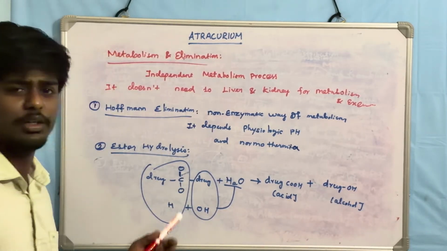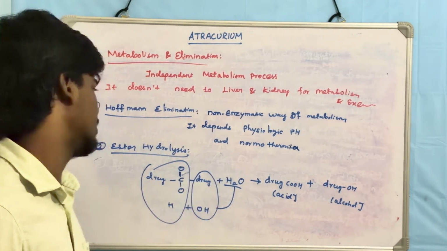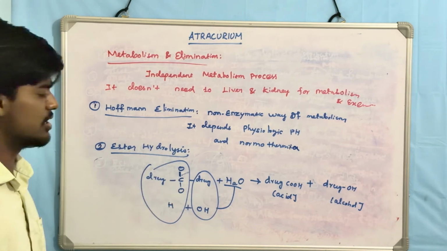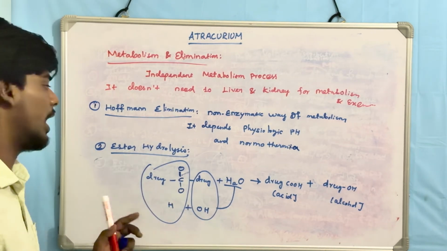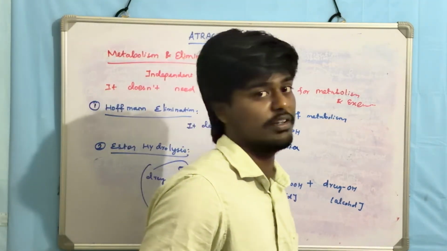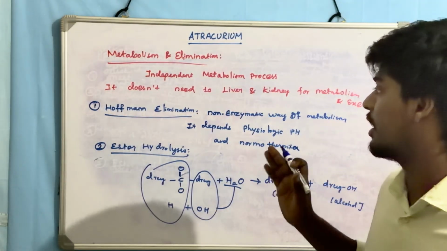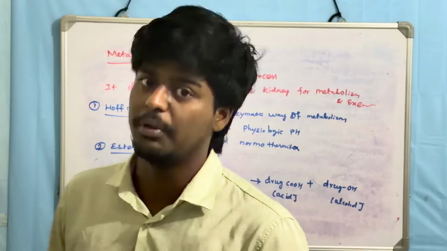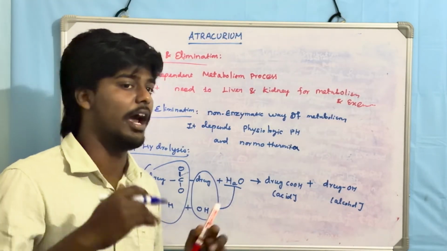We will learn this in 12th standard organic chemistry. This type of chemical reaction happens in this metabolism, so it doesn't need the liver and kidney for metabolism and elimination. That is the unique way of metabolism in Atracurium.